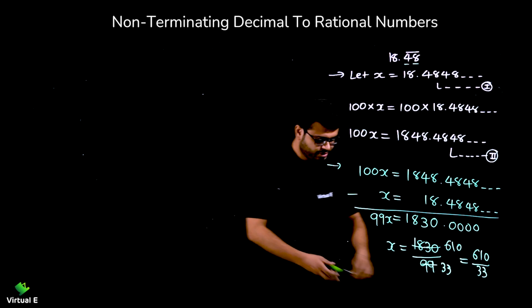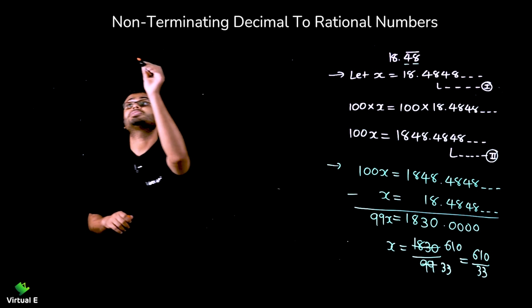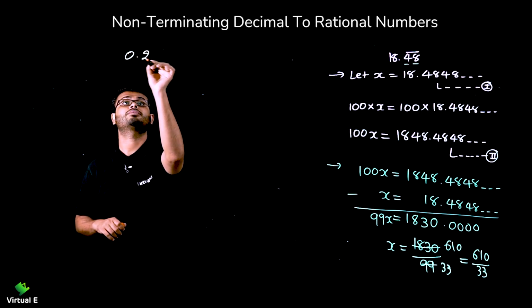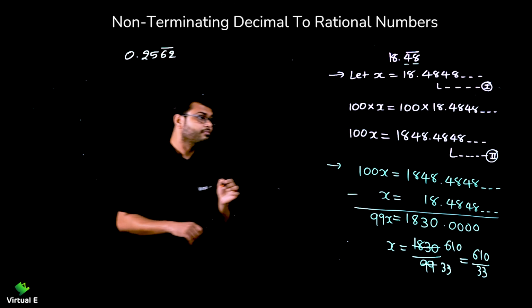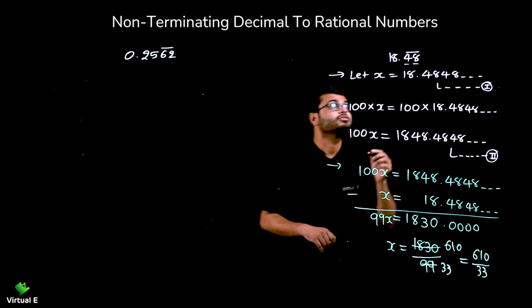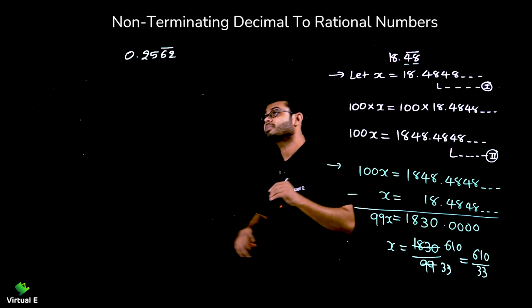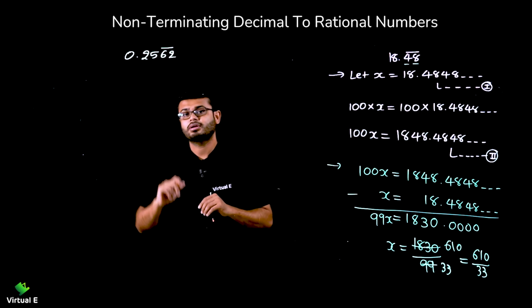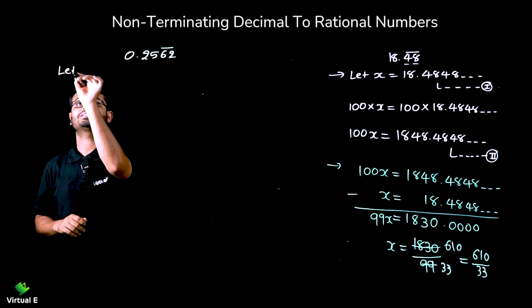Let's take one more number. So we can take here 0.2562. Let's write here 0.2562 bar. Okay, now this is something different. So far we had all the numbers after the point under the bar, right? But here these two numbers are not under the bar. So let's see how to approach this kind of question.